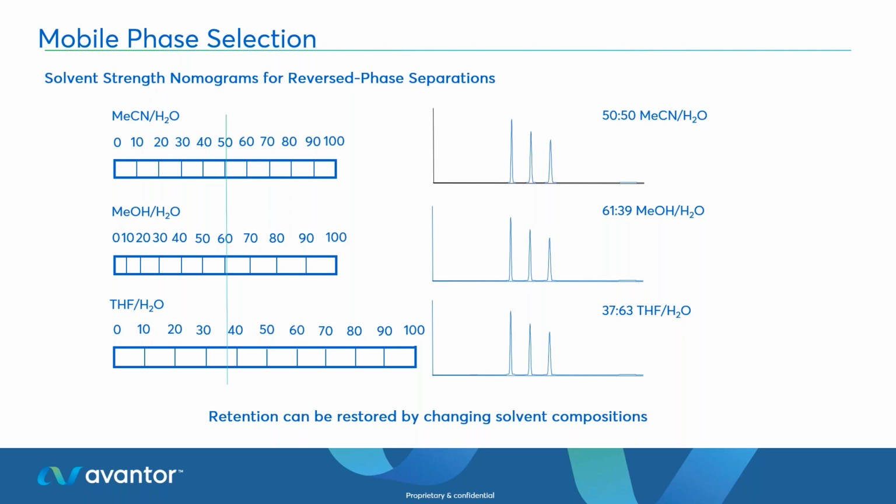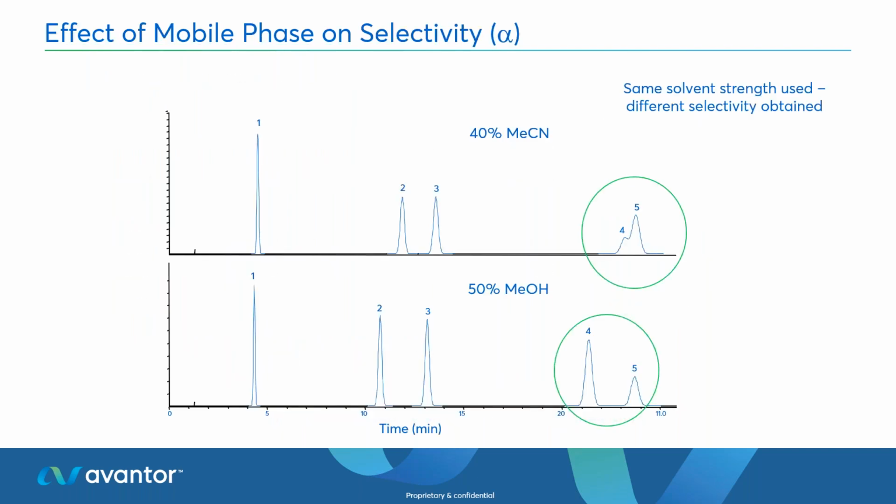Now, as I mentioned, that would be great, but we also have these other properties of the solvents. So sometimes, even if you are using the same strength of solvent, you will see a change in selectivity.